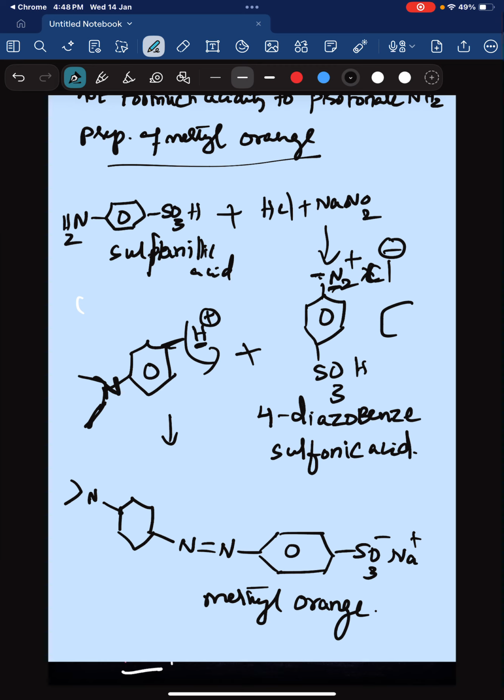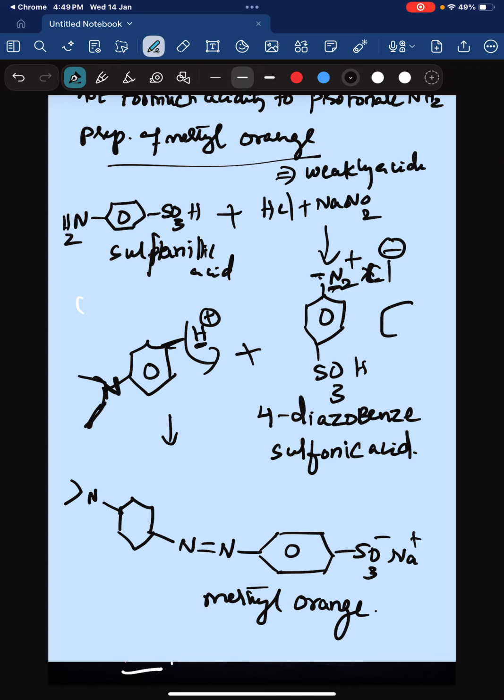So this is overall what methyl orange indicator is, and also the purpose of conducting coupling reactions. And coming to conditions, for this reaction also we have to maintain 0 to 5 degrees temperature, and a weakly acidic medium is required.